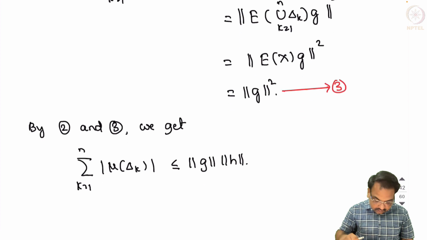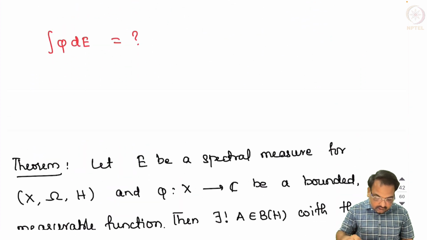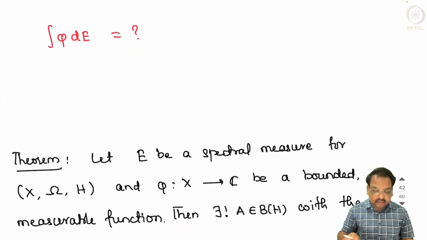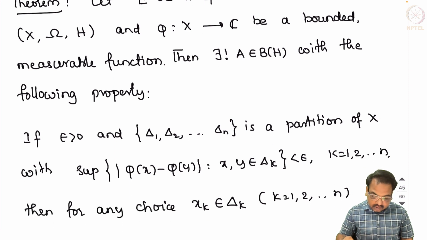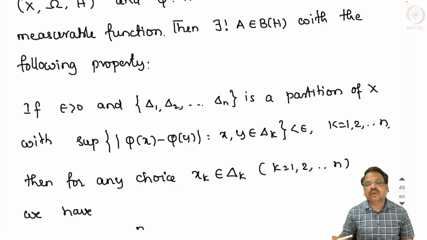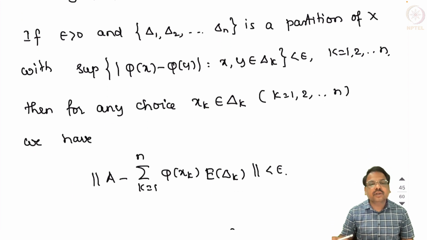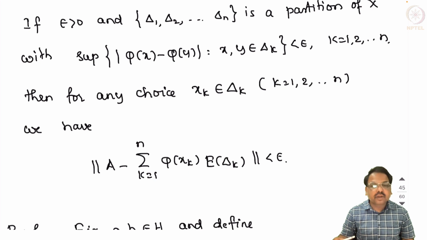And using this, we were able to discuss the integral of φ with respect to the spectral measure. If E is a spectral measure for (X, Ω, H) and φ is a bounded measurable function, then we have shown that there exists a unique bounded operator A on H with the following property: given any ε positive and Δ1, Δ2, and so on up to Δn, a partition of X with the property that the supremum of |φ(x) − φ(y)|, where x, y in Δk, is less than ε.